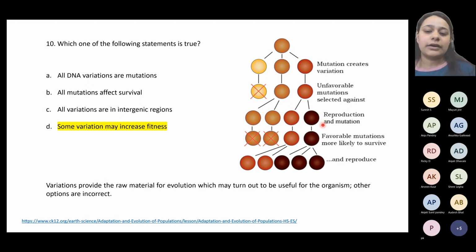When they reproduce, new mutations might occur, right? For example, there are no mutations shown in this particular orange one, but in this red one, there is one other mutation giving this maroon or brown phenotype, right? So after that, maybe the environment in which these four individuals were staying changes, right?